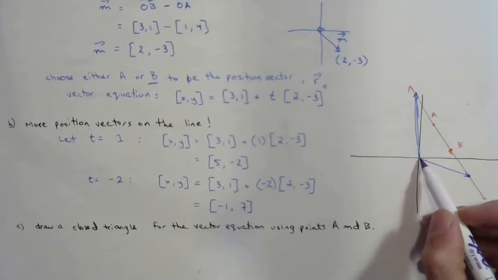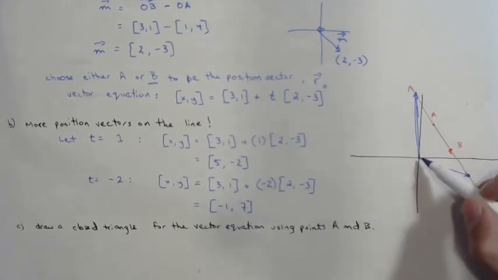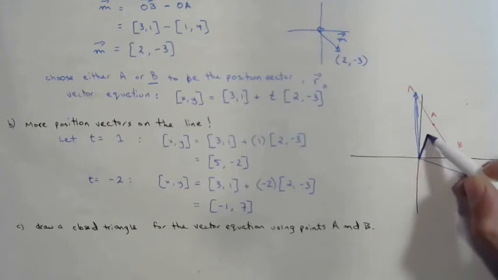Okay, so we have the vector from O to A, or really anywhere else along this line.